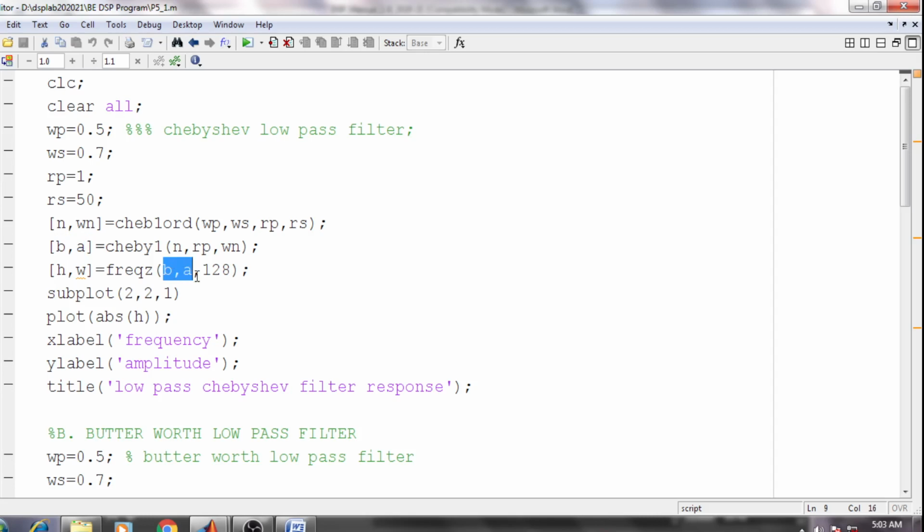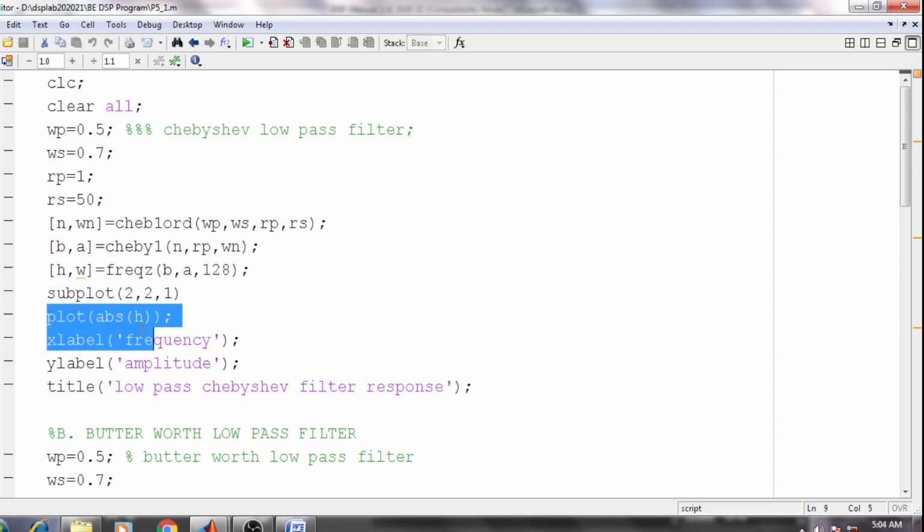This function will identify the magnitude as well as phase parameters, and they are separated and written under the variables H and W. H represents the magnitude variable and W represents the phase variable.